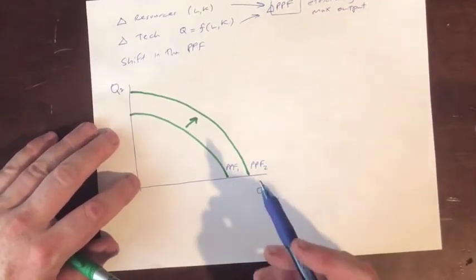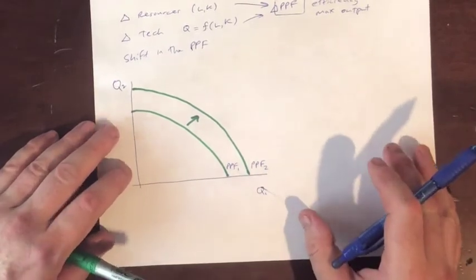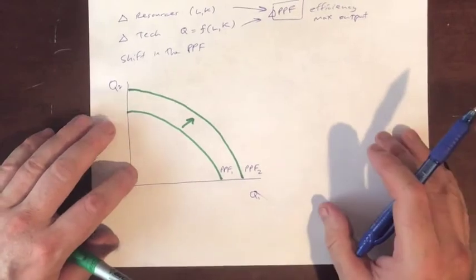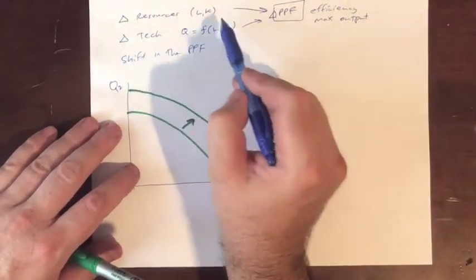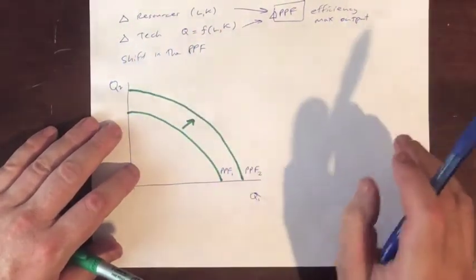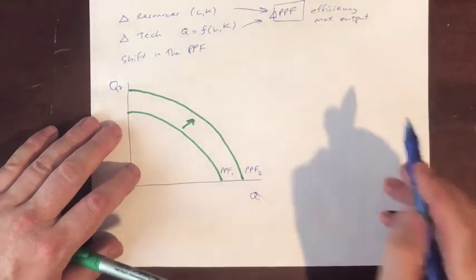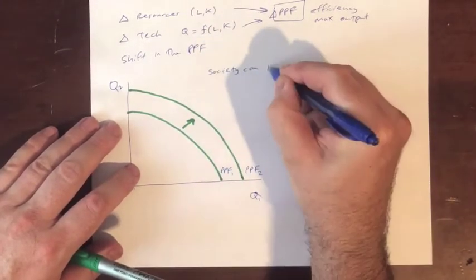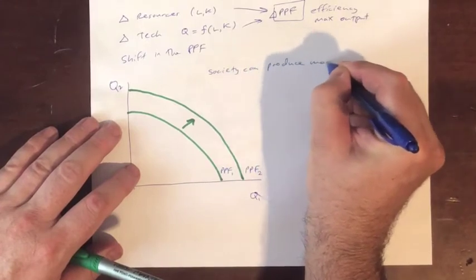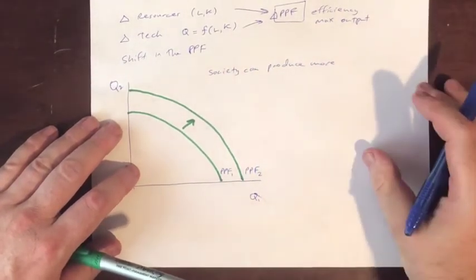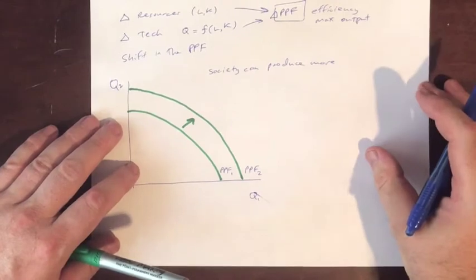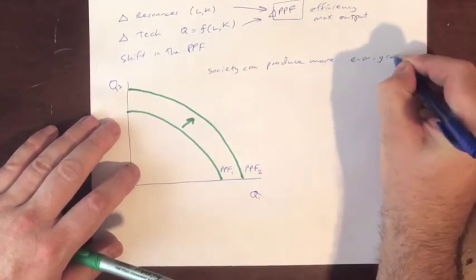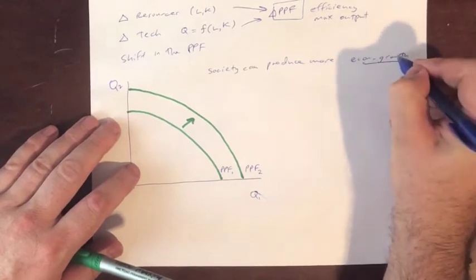So society's ability to produce stuff, to produce wealth, has been enhanced, all right? And this would be due to a change in resources or a change in technology or both, okay? So society can produce more, right? More output, okay? And we would call this, by the way, economic growth, okay?